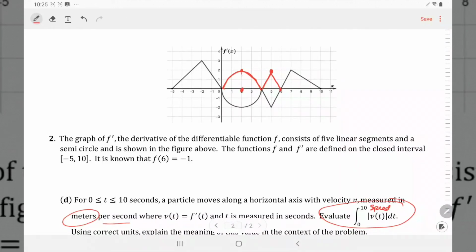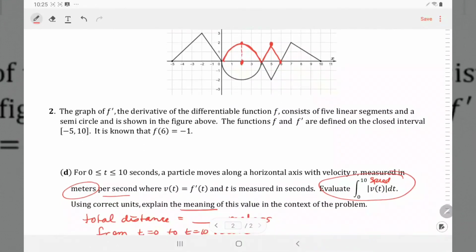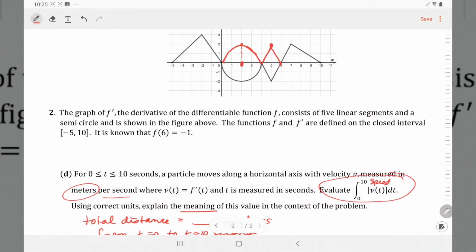Okay, so this is a semicircle. So this is going to be 1/2 pi r squared, r is 2 squared, plus the next section, I could just do one big triangle. So that would be 1/2 times 2 times 2, and that's the area all the way from 4 to 6.